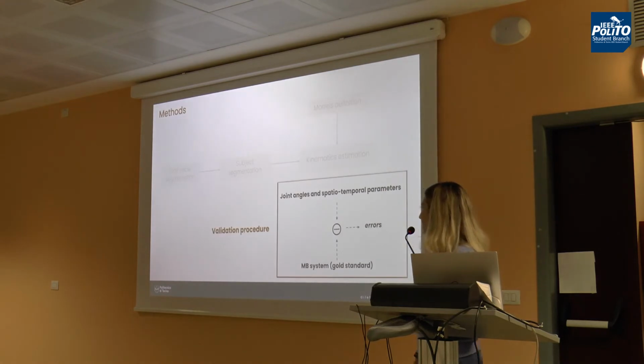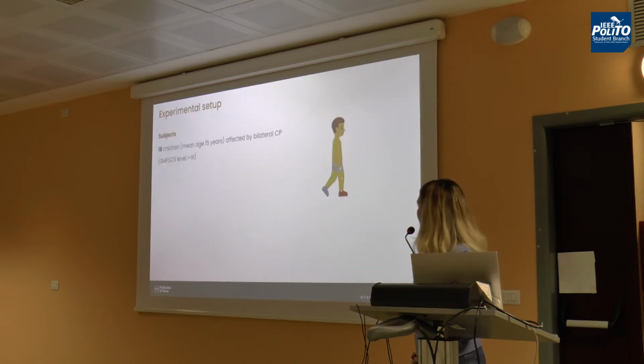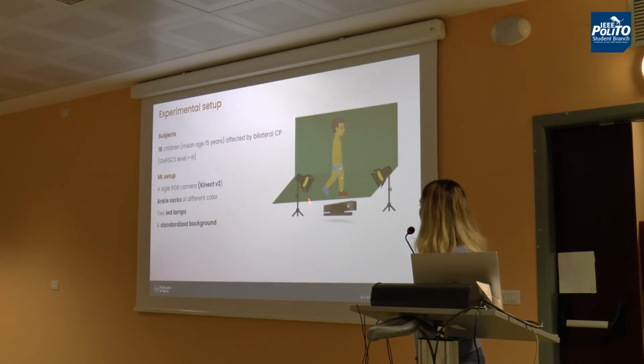To validate this procedure, I compared the markerless outputs with the outputs of a marker-based system, that is the gold standard, as I said in the introduction. In particular, we acquired 11 children with bilateral cerebral palsy, and I used the Kinect 2, a homogeneous background, two lamps of different colors, and two LED lamps to improve the light condition.